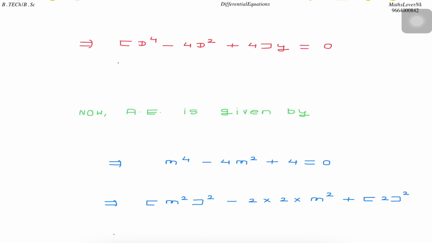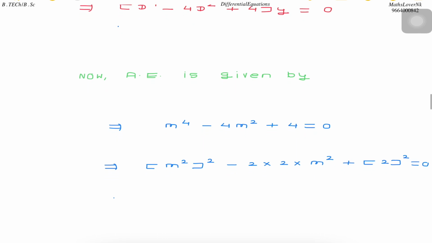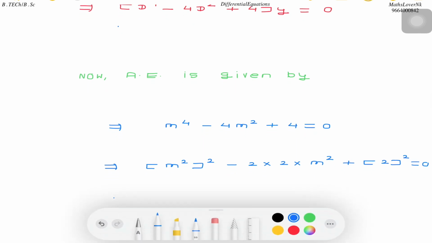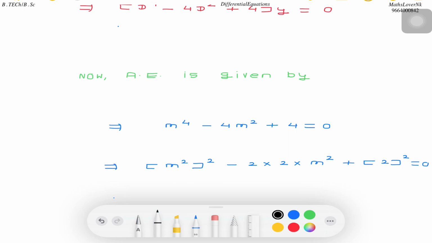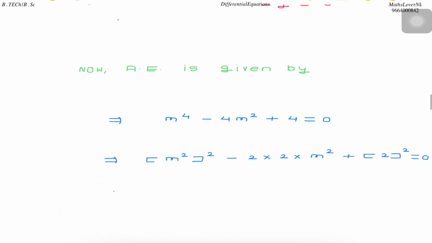Now we know the identity a² minus 2ab plus b² is equal to (a minus b)². This may be written as (m² minus 2)² equal to 0.